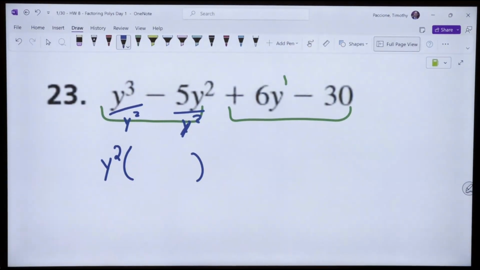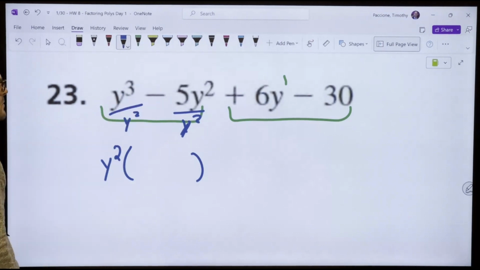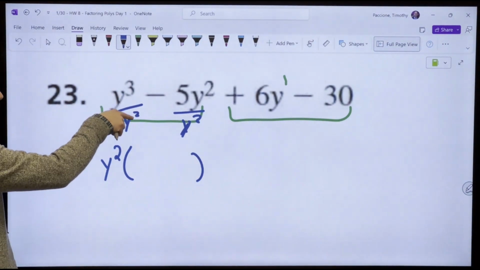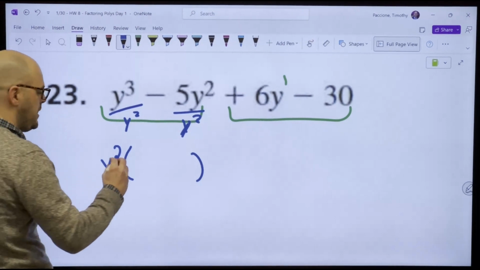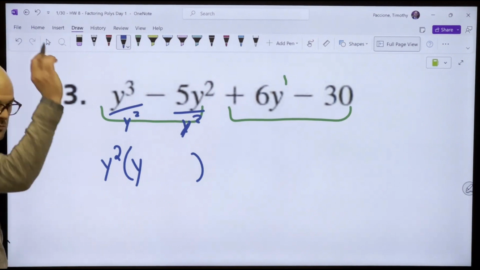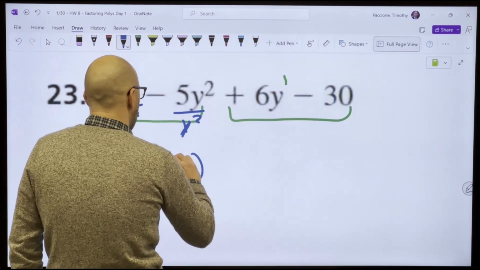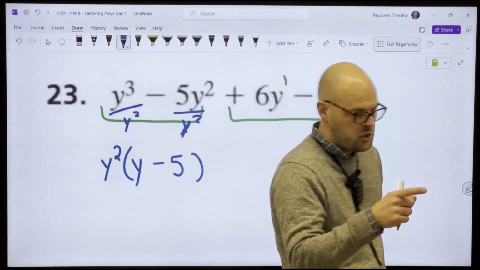All factoring with a GCF is, because remember, when you factor, you should be able to go back to what you got. If I distributed this back through when I'm done, I could get back to this. So y to the third over y squared, we subtract, so it's just y to the 1. And y squared over y squared cancels, and I get minus 5. First one's done. Now I look at the next one. I have 6y minus 30.